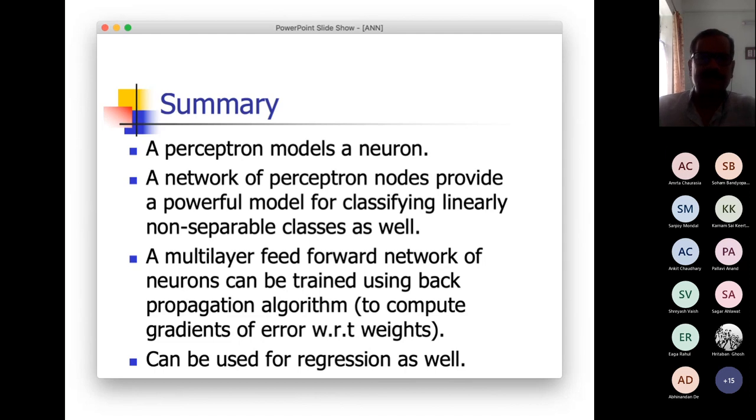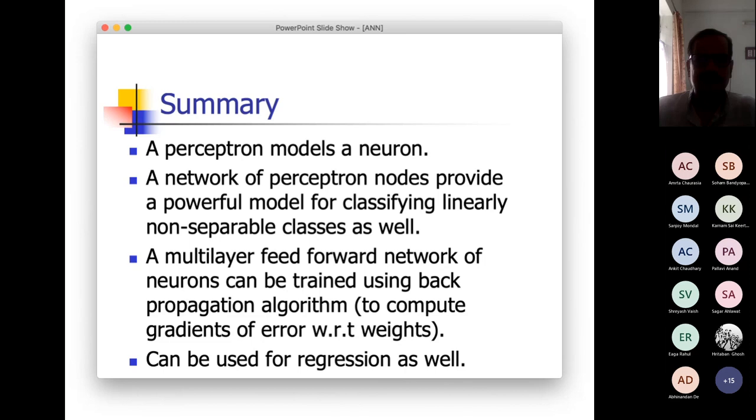A perceptron, and the artificial neural network as a network of perceptrons, models a two-class linear discriminant classifier. And it's a very powerful model.